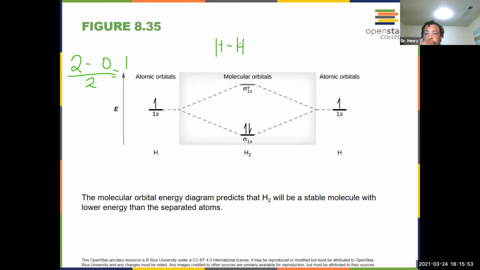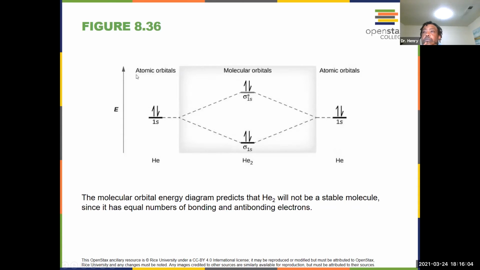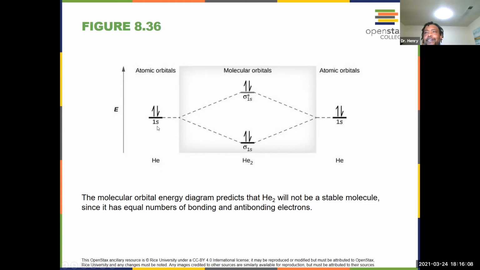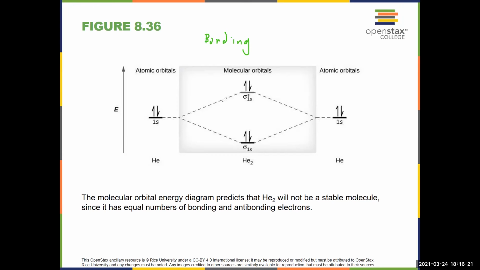Does that work out for you? Yeah. Okay, so let's look at helium. Can helium form a diatomic molecule? No. Okay, well, you already got it figured out. You're ahead of the game. So yeah, if we look at our bonding, how many bonding do I have? 2.